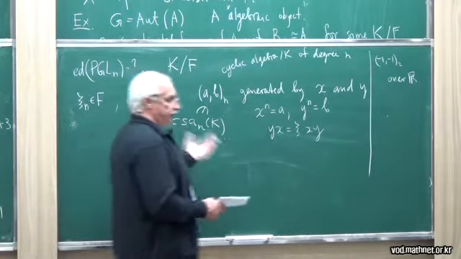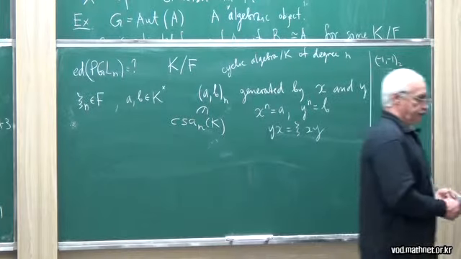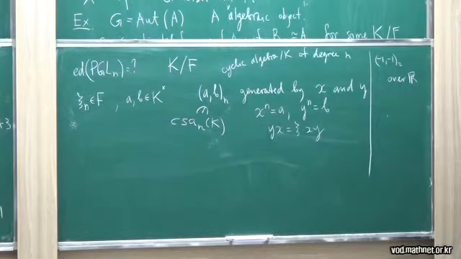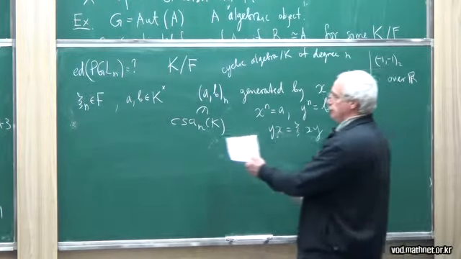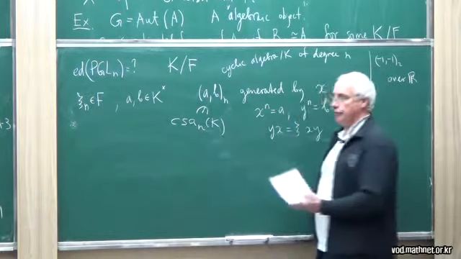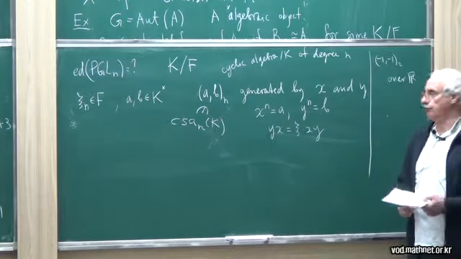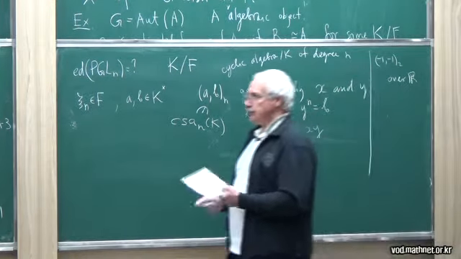Well, one can ask whether every algebra of degree n over K is a cyclic algebra. And the answer is no. If n is a composite number, not a prime, there are examples of other algebras. But it's still an open question.